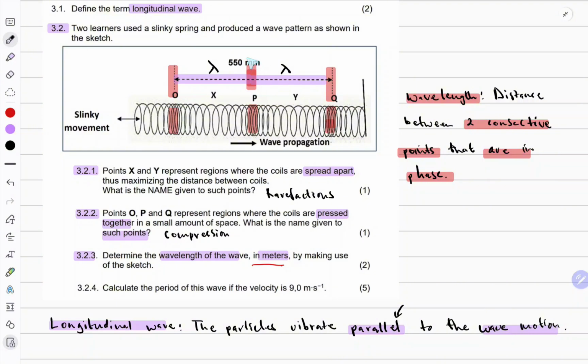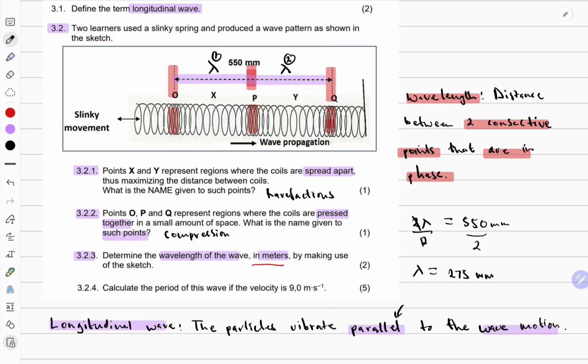So 550 millimeters makes up two wavelengths, 1, 2. So mathematically you could write two wavelengths is equals to 550 millimeters. You can divide throughout by 2. 2 and 2 cancel here, therefore the wavelength is equals to 275 millimeters.